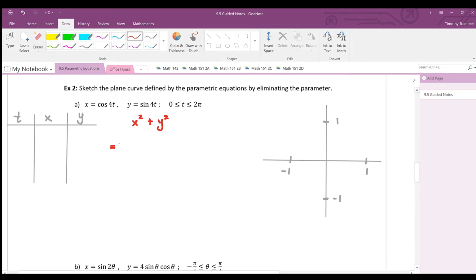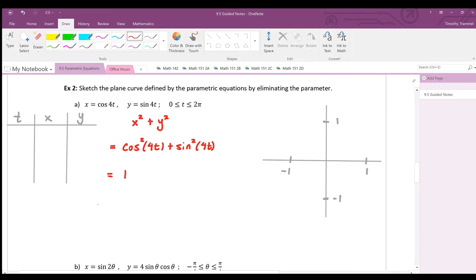Well, if we were to do that, then this would wind up looking like cosine of 4t. And actually, I'm going to just write it in our conventional notation here, which is cosine squared of 4t. And if you were to square y, you'd get plus sine squared of 4t, right? And this is equal to 1.